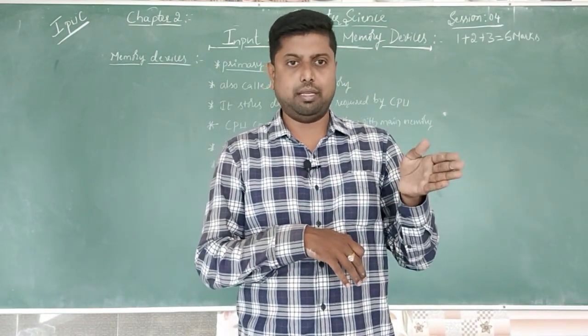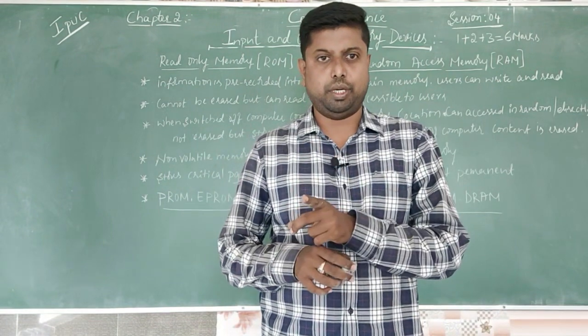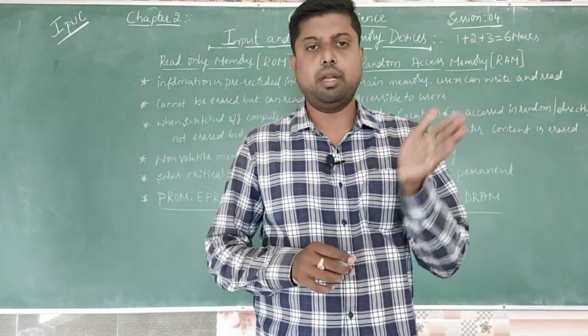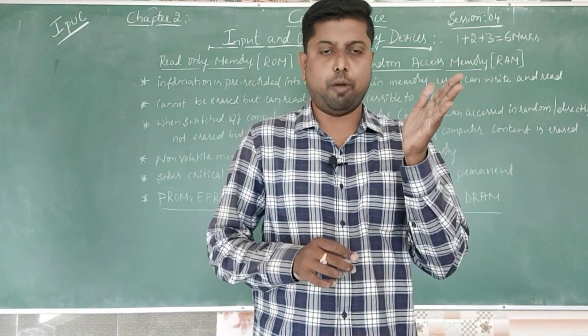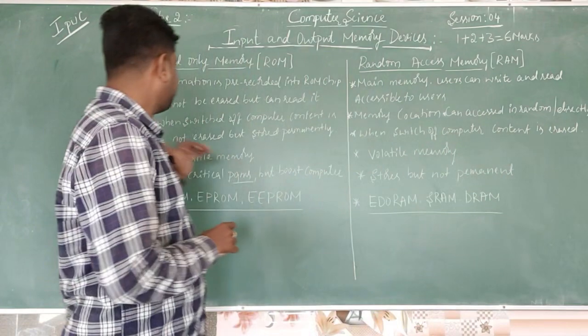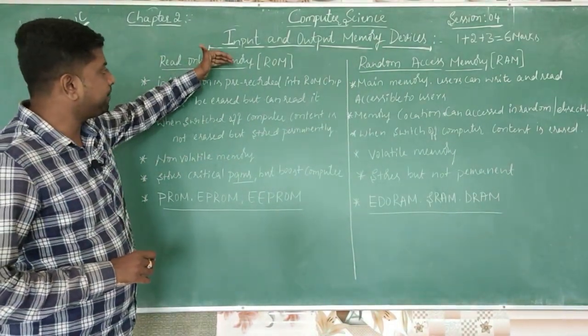What are the properties? Dear students, after primary memory, we have two categories in the primary memory, RAM and ROM. Now we are going to discuss some properties of RAM and ROM with some examples. If I come to the first category, read-only memory, ROM, the name itself says read only memory.